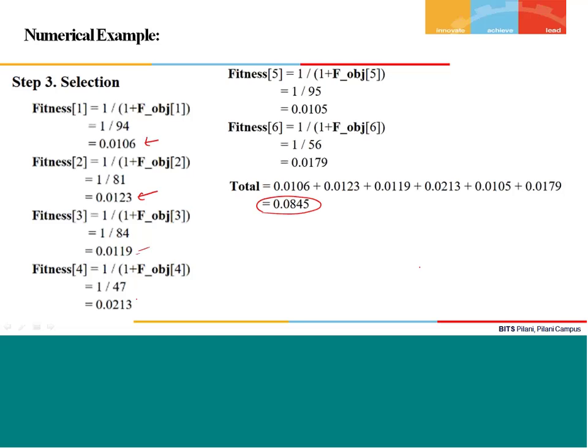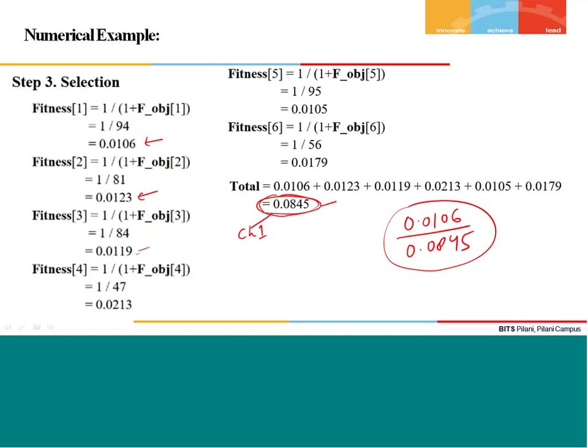Now, if this is the total fitness, what is the probability, what is the portion of this overall fitness that is contributed by chromosome 1? So for chromosome 1, the fitness value is 0.0106 and the total fitness is 0.0845. So this is the contribution by chromosome 1 of the whole percentage.